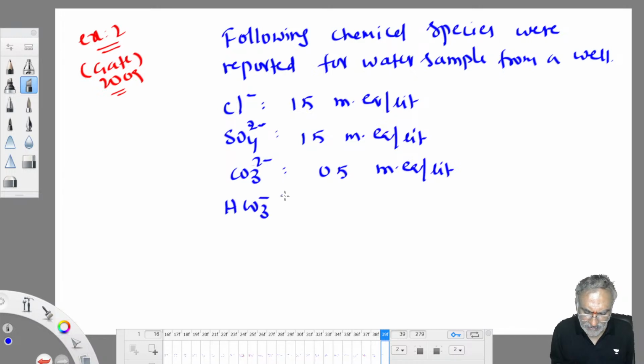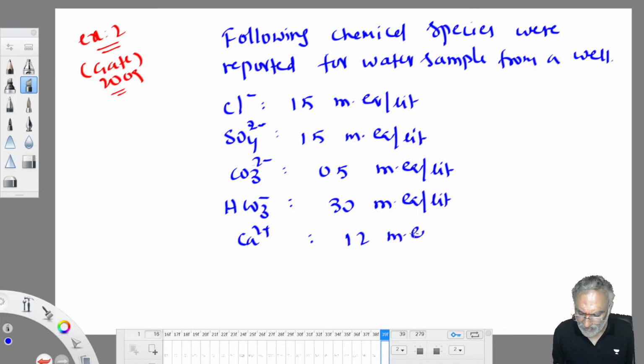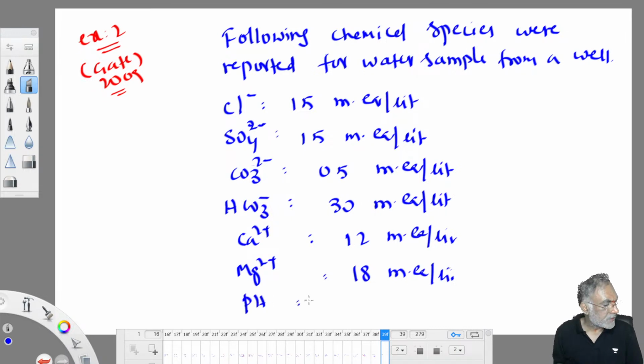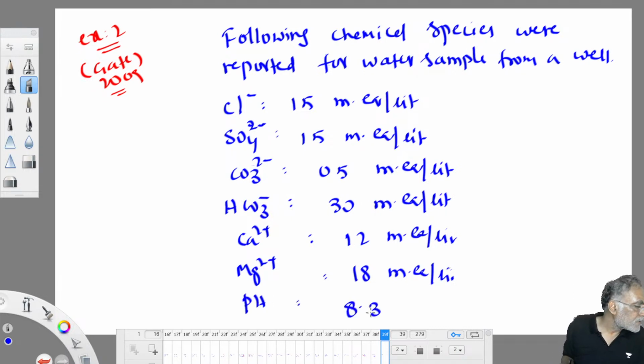Bicarbonates 30 milliequivalents per liter. All these are given, but many things are not required for us. Calcium, Ca2 plus, is given as 12 milliequivalents per liter. Magnesium, Mg2 plus, is given as 18 milliequivalents per liter. We take only whatever we require, and pH is also given, not required. This is 8.5.